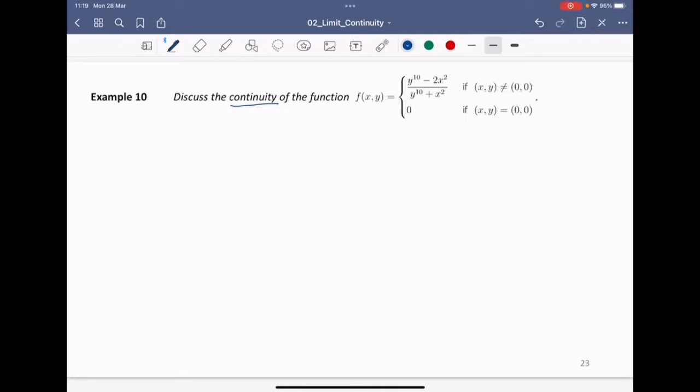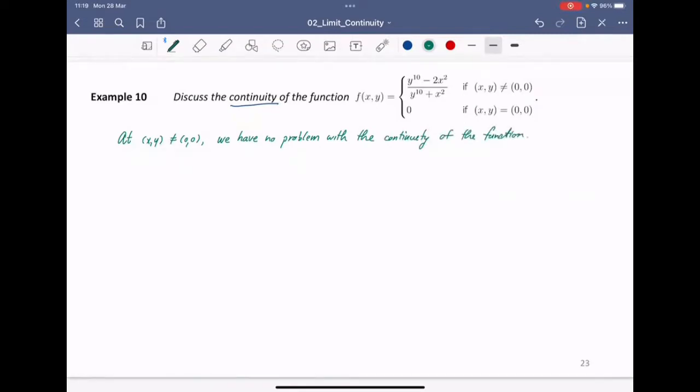Why is that? At (x,y) not equal to (0,0), we have no problem with the continuity of the function.